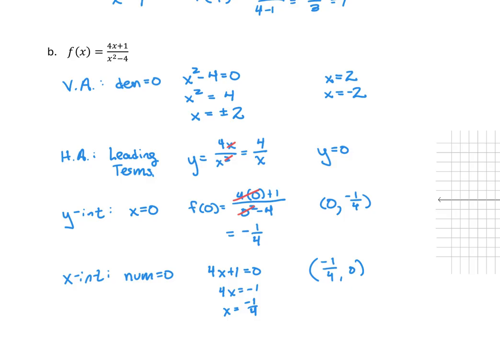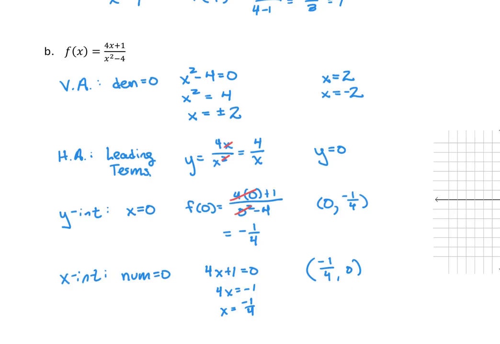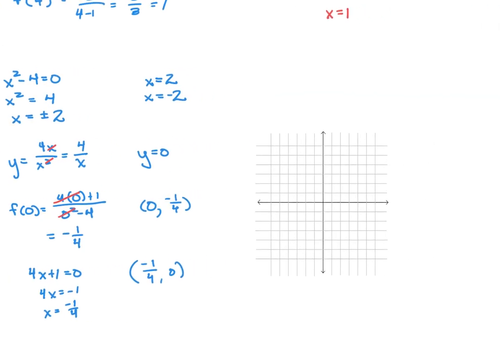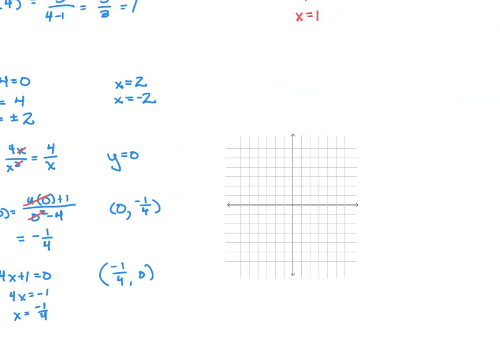All right, let's go ahead and start graphing this. We have our asymptotes. On this one, we have two vertical asymptotes. We have a vertical asymptote at x equals 2, and we have a vertical asymptote at x equals negative 2.